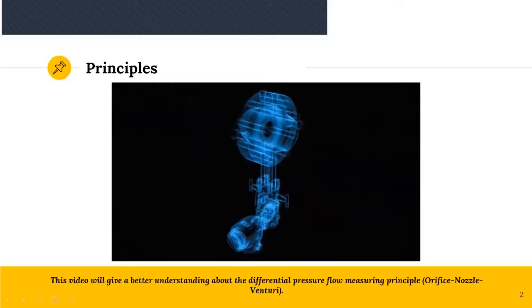So these 3 meters, orifice, nozzle, and Venturi, the principle is quite similar. However, the orifice has the shortest head, so it cannot reduce the turbulence of the flow.